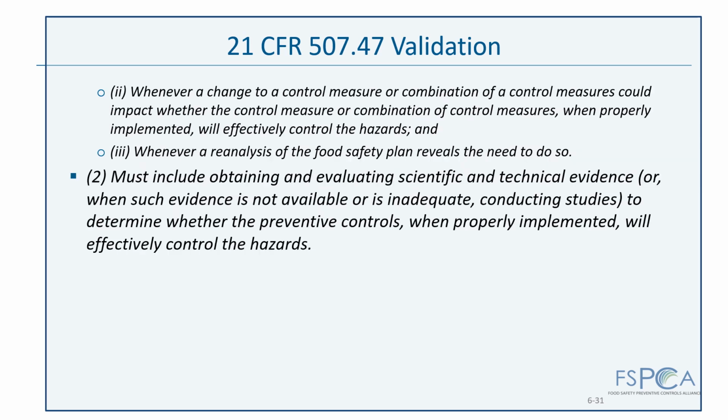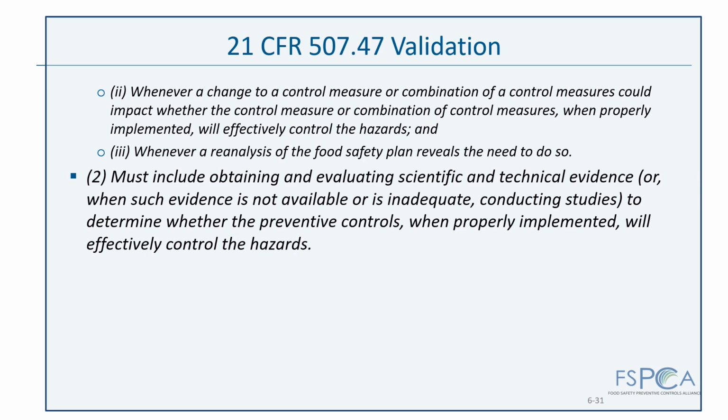You also need to validate anytime you change a control measure. This is mostly when it's going to significantly change your process, or it's going to introduce new hazards. But anytime you make a change to a preventive control, you need to validate it. Again, ideally before you start implementing that change, or within 90 days, or when you can, given justification.